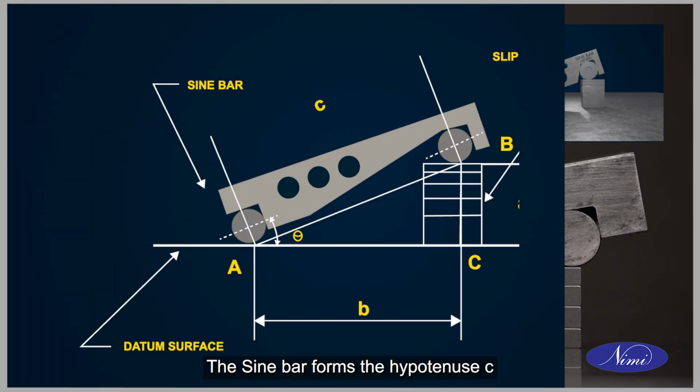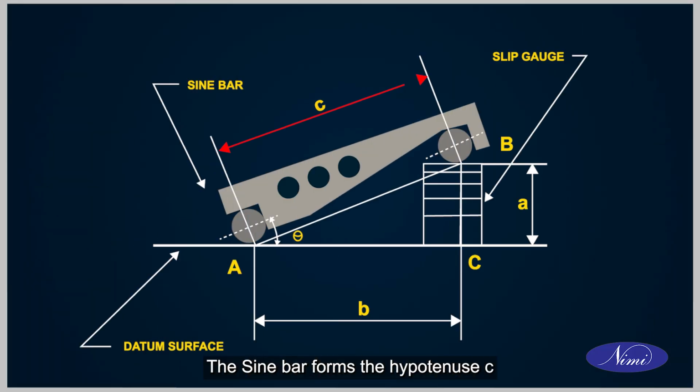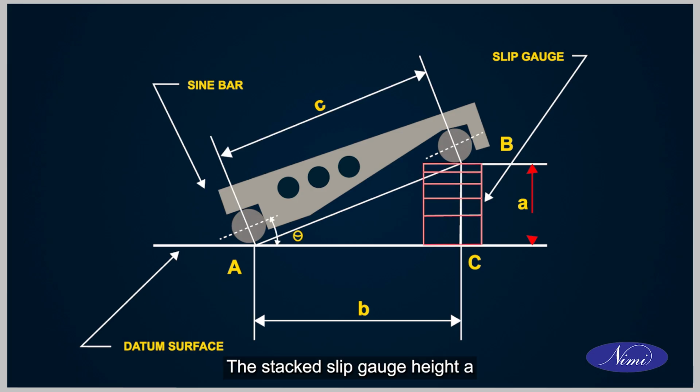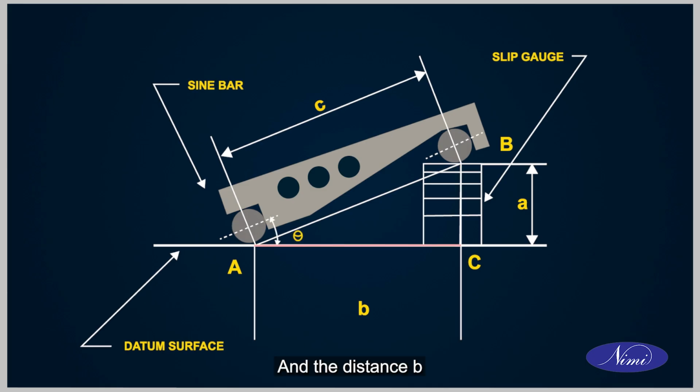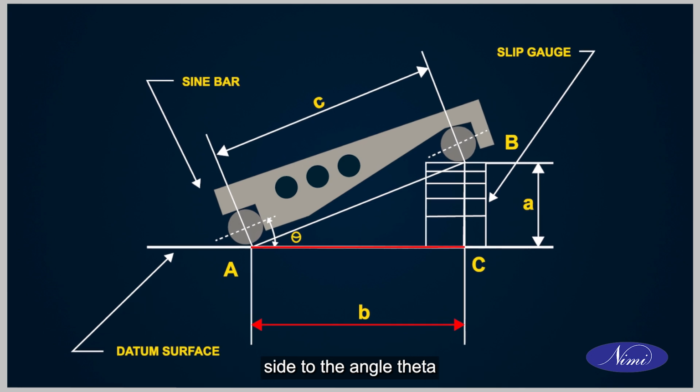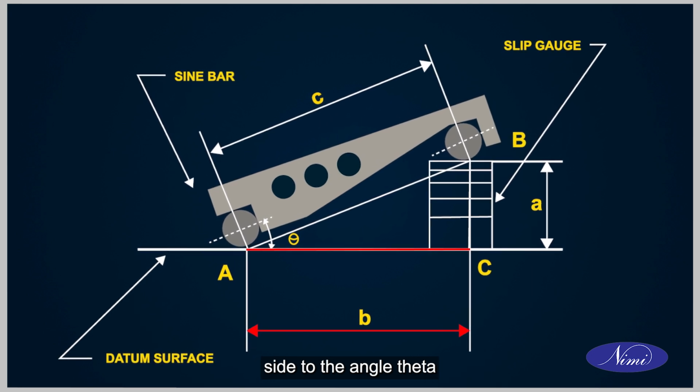The sine bar forms the hypotenuse C. The stacked slip gauge height A forms the opposite side to the angle theta, and the distance B on the surface table forms the adjacent side to the angle theta.